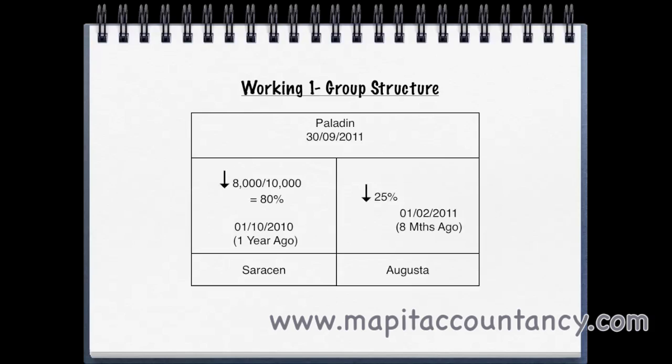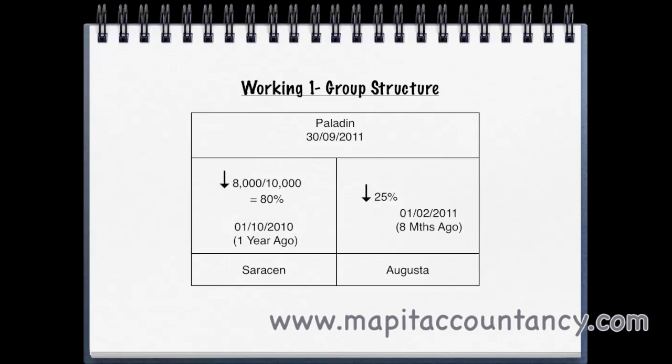So for example, we can see that Augusta is going to be an associate because we bought 25%, but we've only had it for 8 months. So we'll need to get the parent's share of the associate profit, but only 8 months worth of that profit. And that's where you could make a mistake if you didn't note this all down in the group structure.